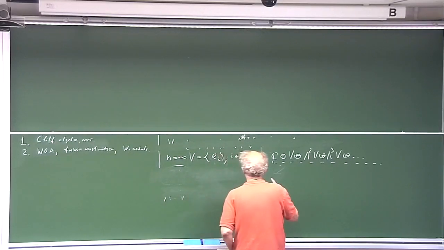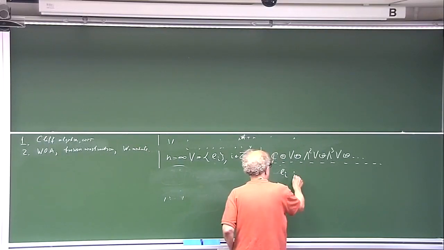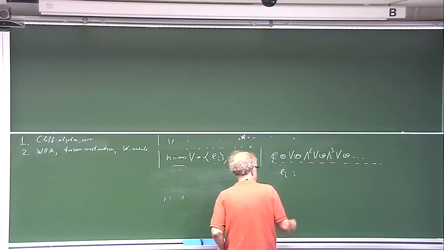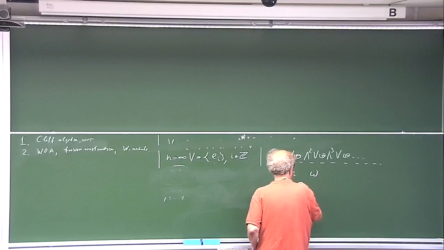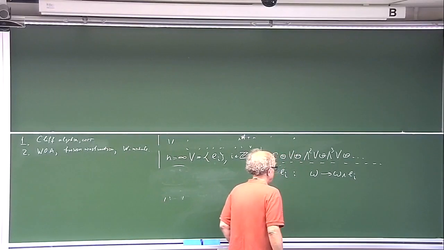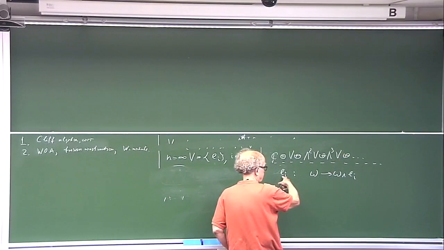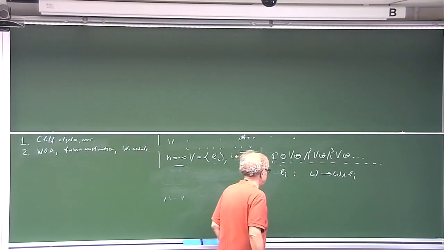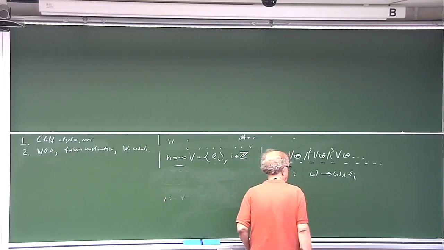And one operator, which I want to determine by the same e_i, is taking an element w from here and sending it to w times e_i. So in this way, on this space we have a collection of operators, which I denote by the same letters, and they are acting this way.